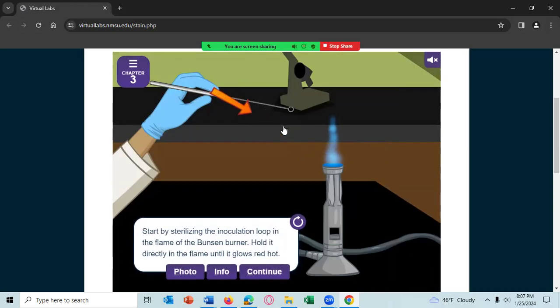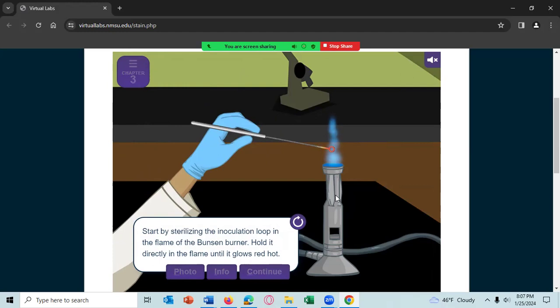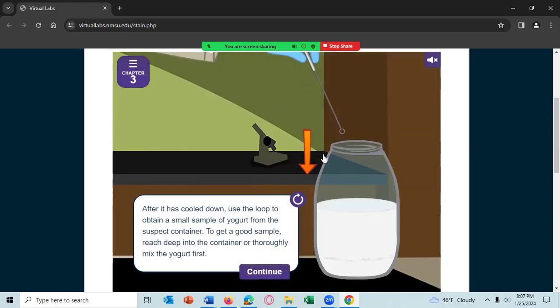So bring it into the flame there. And this one is sterilized. It was sterilized where the loop was red hot. Where it's not red hot, the loop is probably not sterilized, although it's probably clean, meaning the heating probably did kill most cells, but probably not all cells.